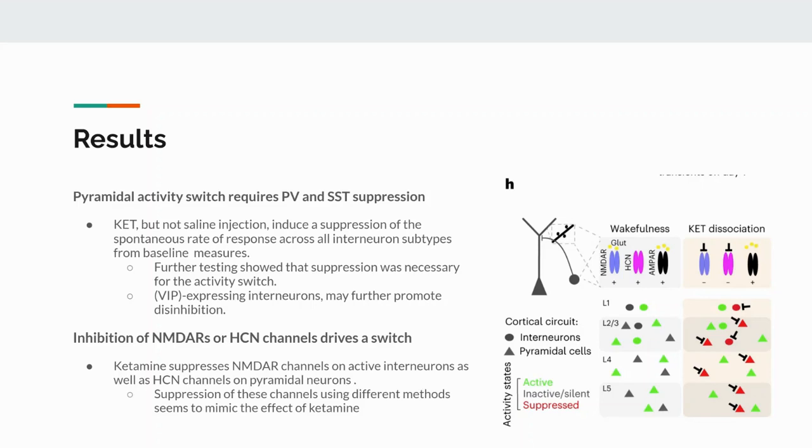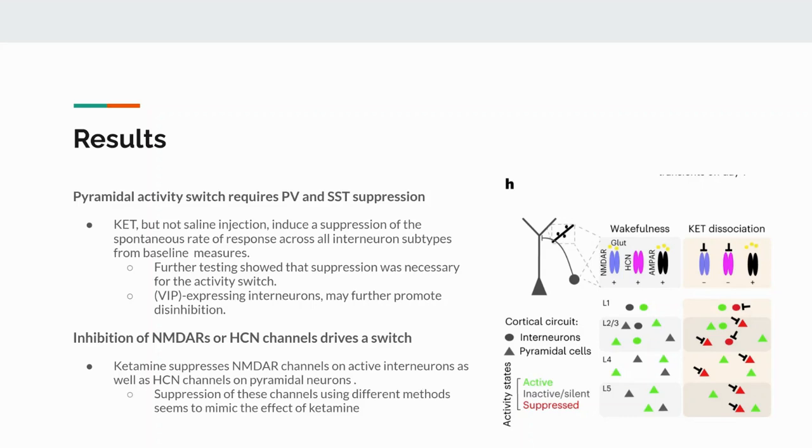This is in contrast to their neighboring pyramidal cells, which generally maintain their signals during transition. This was further supported by the fact that the activity switch did not occur as frequently when the interneurons were left on. VIP neurons, another interneuron, were tested and may have an effect. However, the researchers were not able to say for certain.